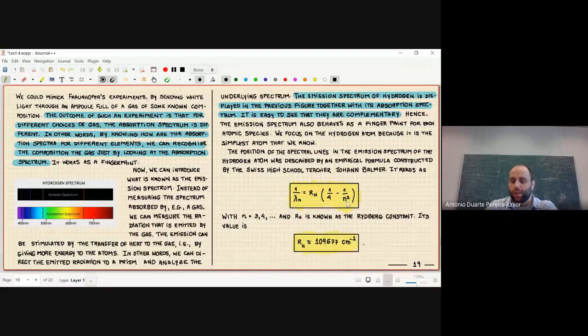You just replace n by 3, you're going to have 1 over 4 minus 1 over 9, and you can just work out this calculation and figure out what is the value of lambda. This is a very simple calculation. And I invite you to tell me where in this spectrum this wavelength will sit. If you have some troubles with that, just let me know. We can discuss that tomorrow.